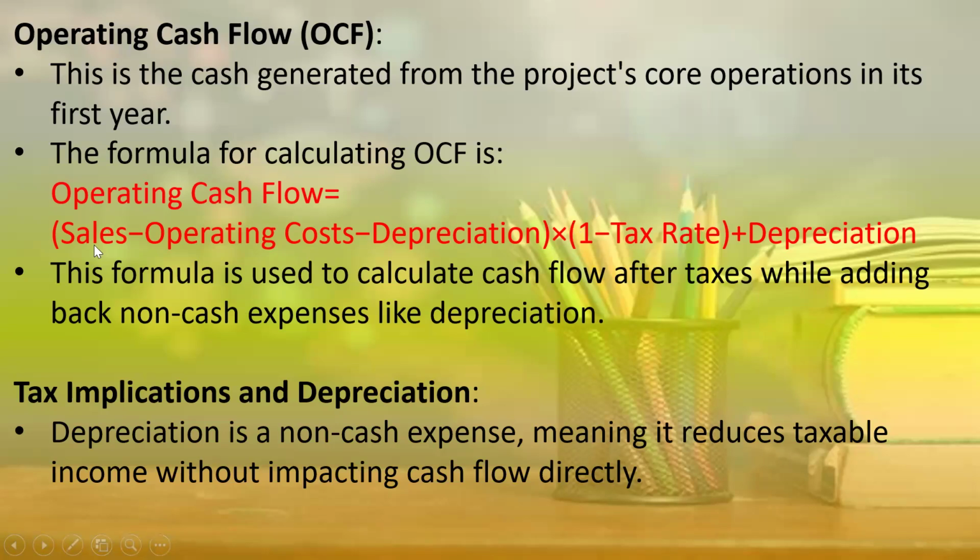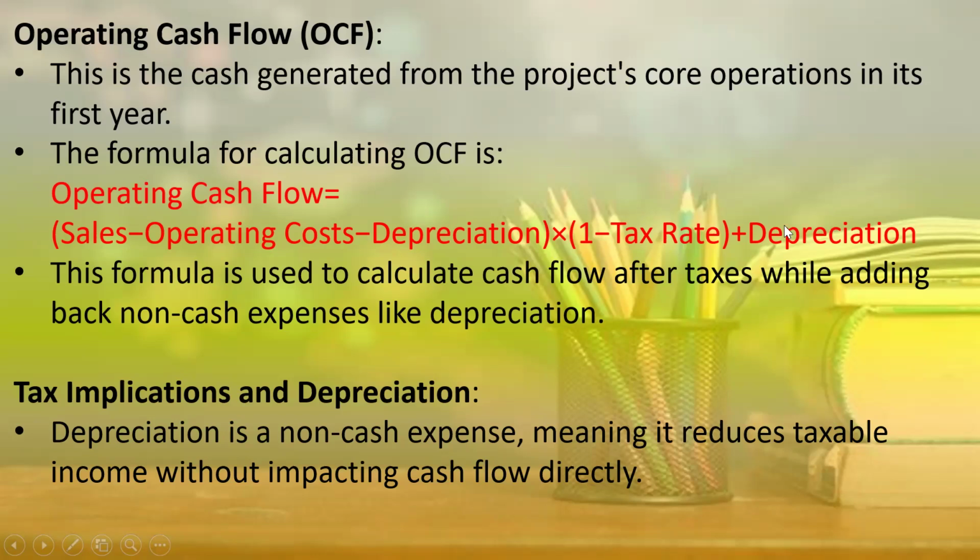When we deduct operating expenses from sales, we get operating income before taxes, and then we deduct taxes to get operating income after taxes, and we add back depreciation because we are calculating operating cash flows.